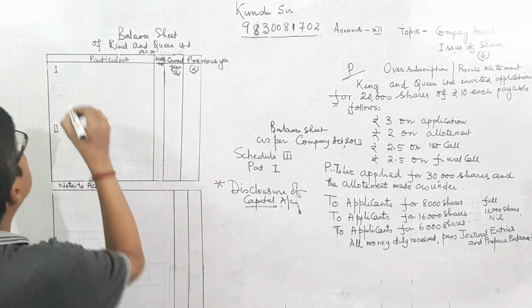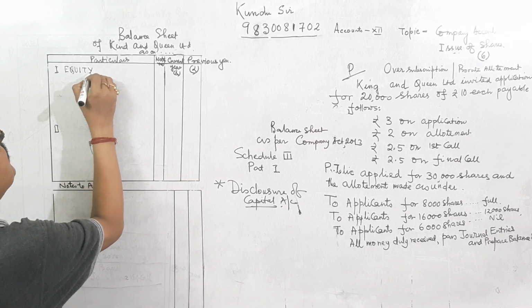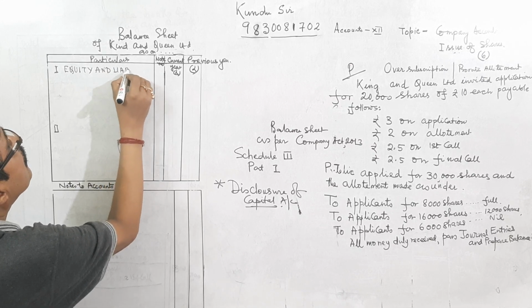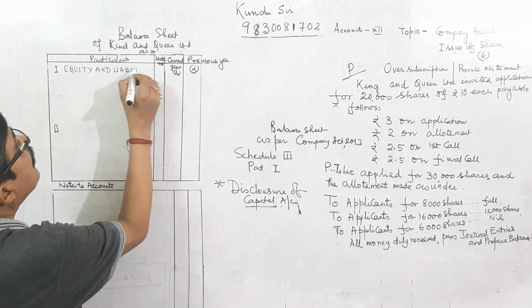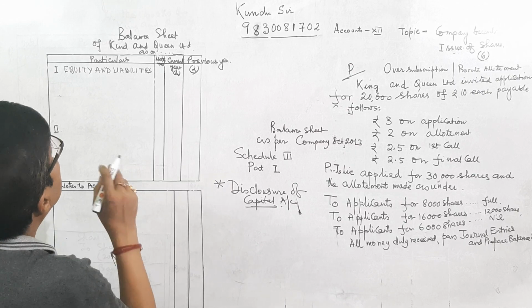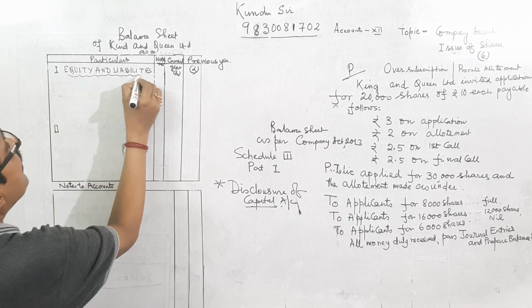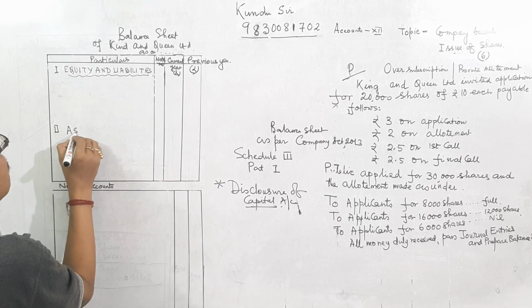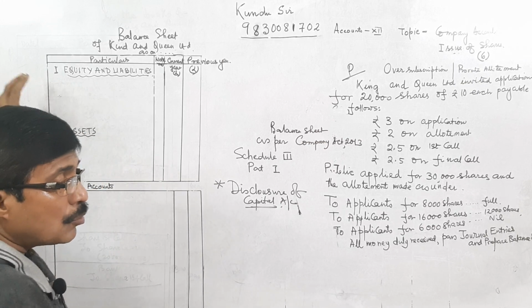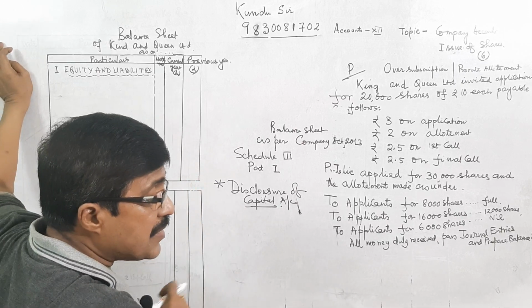Equity and liabilities. Then another is assets. That means there are two broad heads: one is equity and liabilities, another is assets.